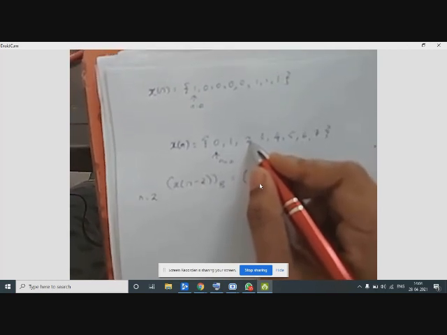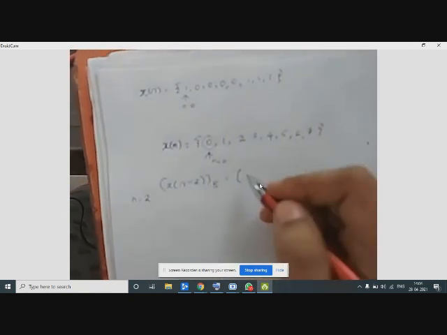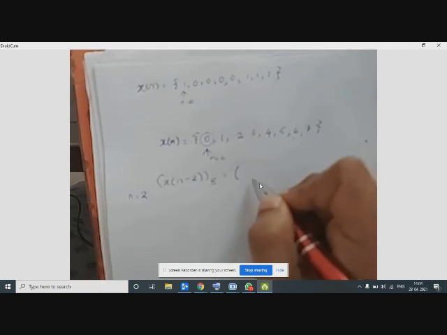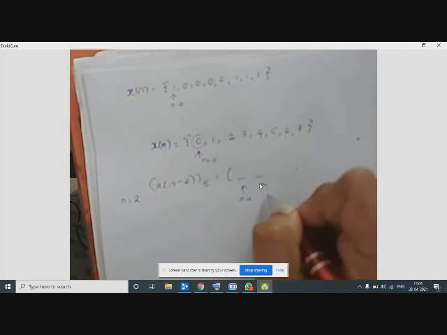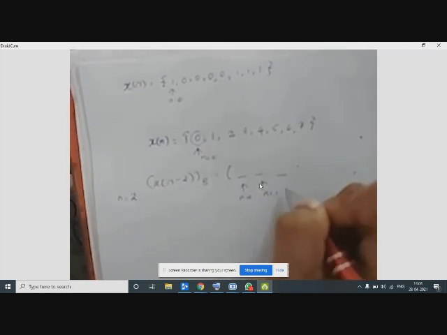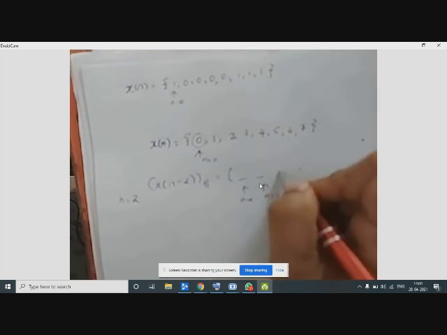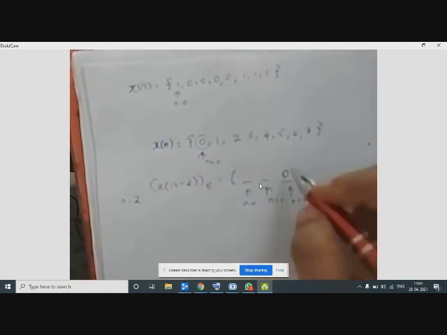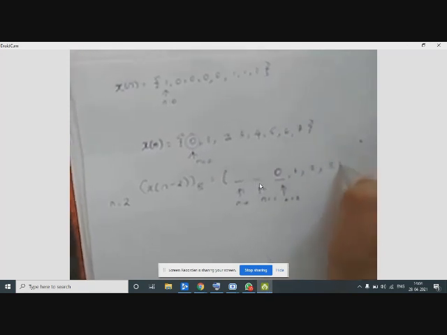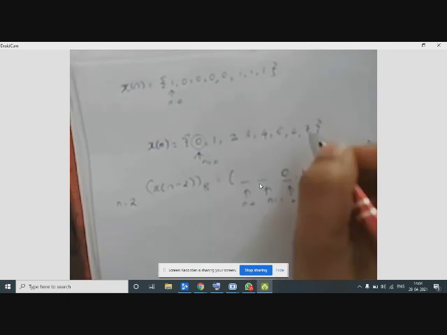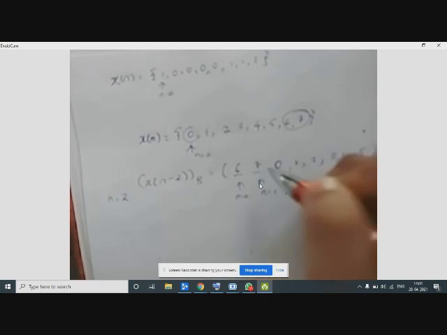At n equal to 2, I am going to have the value that is there at n equal to 0. That's the meaning. So 0, 1, 2, 3, 4, 5. The rest, since it is circularly shifted, come here: 6, 7.